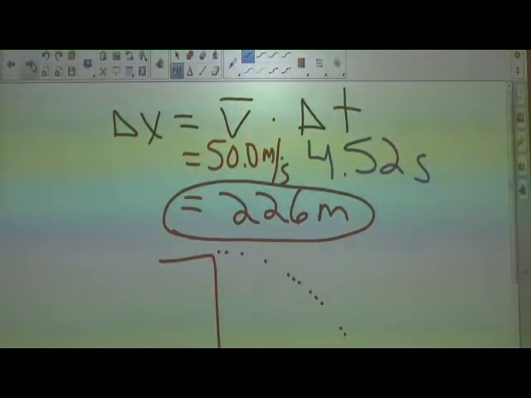So displacement, remember, is the average velocity times the change in time. Now the velocity coming off the cliff was 15 meters per second horizontal, so it's going sideways, but it didn't say anything about acceleration or deceleration sideways.